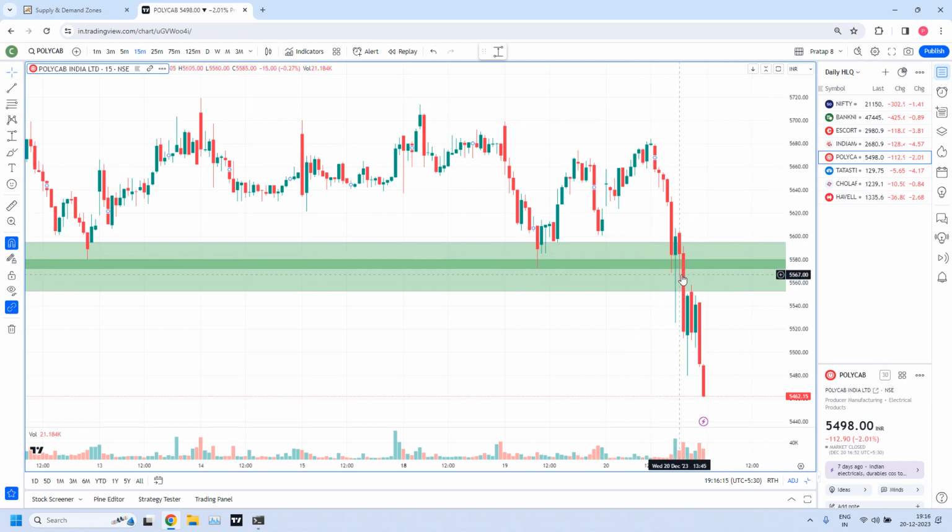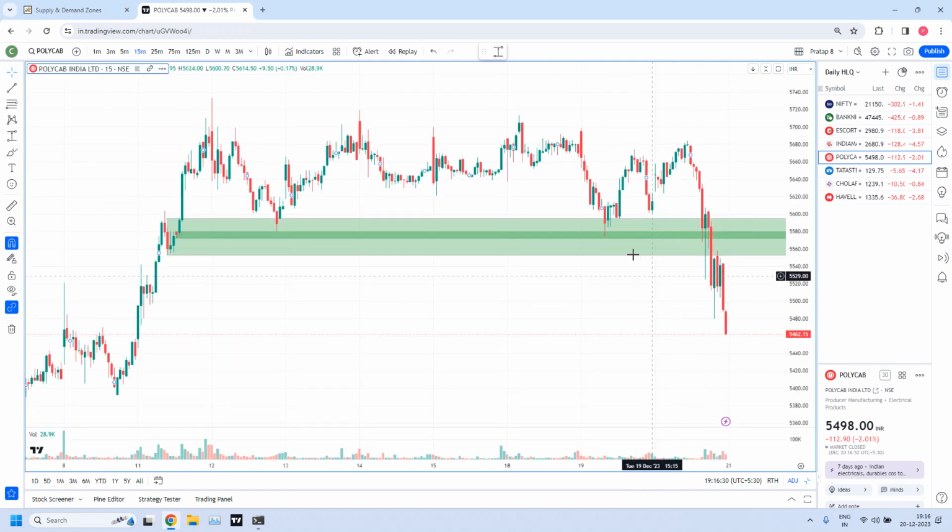But today institutions did not decide to create a fresh 15-minute zone inside this. Because this entire day is a bearish day, they only created the supplies. Because we know this zone is going to be violated, it is violated.